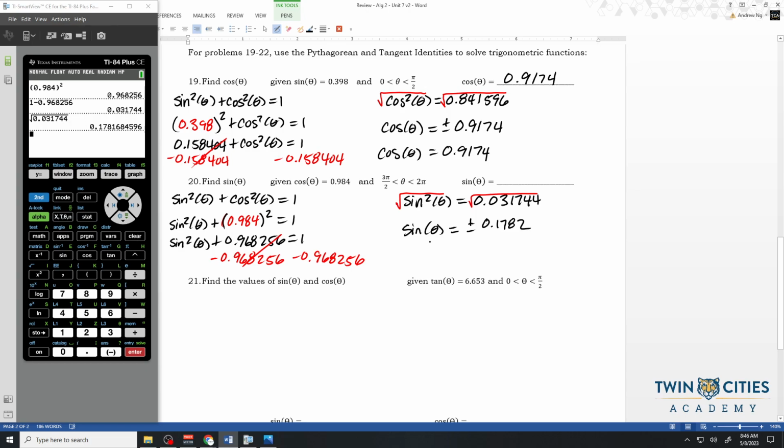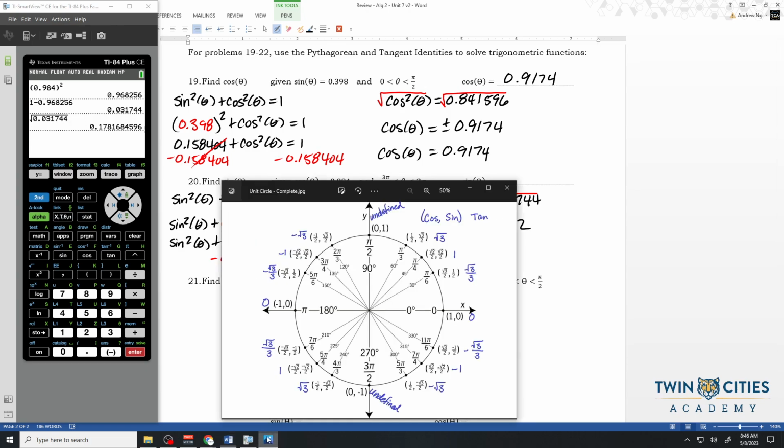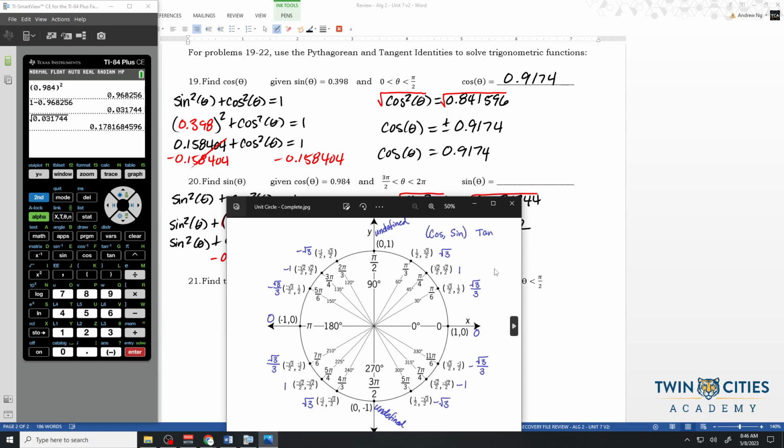Again, to determine whether my sine of theta this time should be positive or negative, I'm going to look at my restriction. That says 3 pi over 2 is less than theta, less than 2 pi. So I go back to my unit circle again. And 3 pi over 2 is right here. And 2 pi will bring me all the way back to where I started. So I'm between these two in this bottom right-hand quadrant. And I am looking at the sine values.